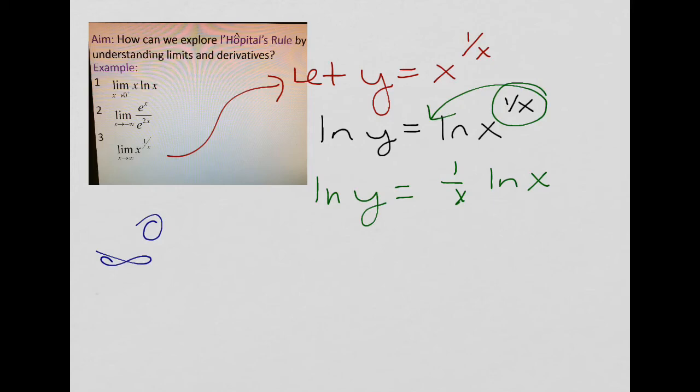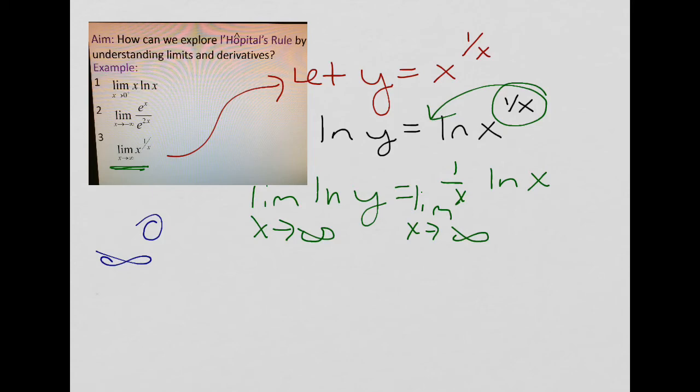Now what we're going to do is take the limit of both sides of this as x approaches infinity. So we're kind of applying what we want to answer in number 3. So I'm inserting it on both sides of my equation. Remember, balance your equation.